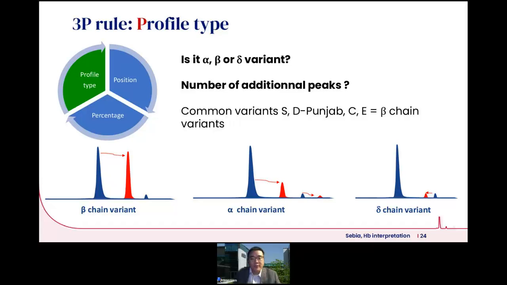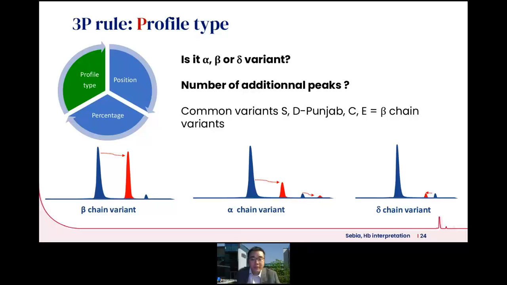First, look at the profile type. Recalling for the different alpha, beta, or delta variants, there is a different signature in the profile type of the splitting of the globin.